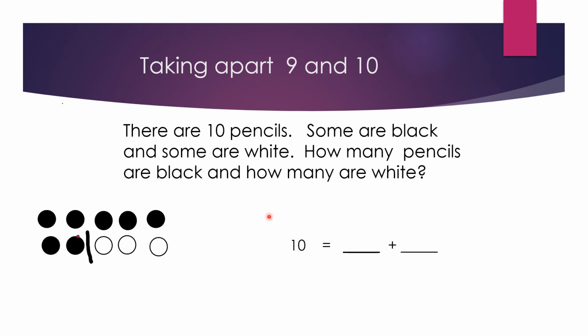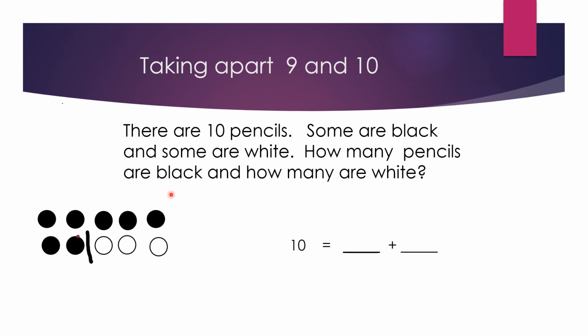Kindergarten, we know that if we are going to draw this number story, we're going to draw how many dots all together? That's right. We are going to draw 10 dots all together. After we draw our 10 dots, we're going to color some in black and some in white. Do you see the drawing that I've come up with?